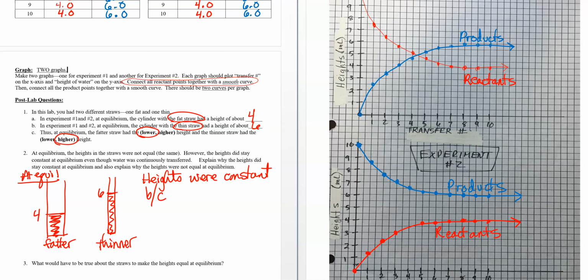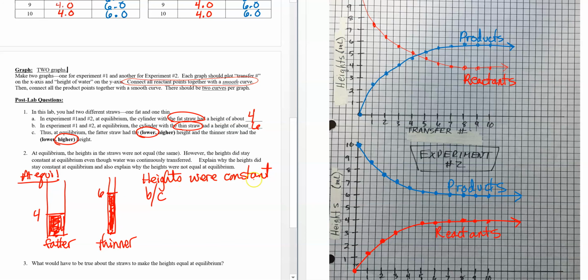Yes, hopefully you're getting that you're always transferring the same volume of water. So you get the same volume with a height of 4 for a fatter straw as a height of 6 for a thinner straw, right? So you're always getting the same constant amount of water being transferred in those straws.